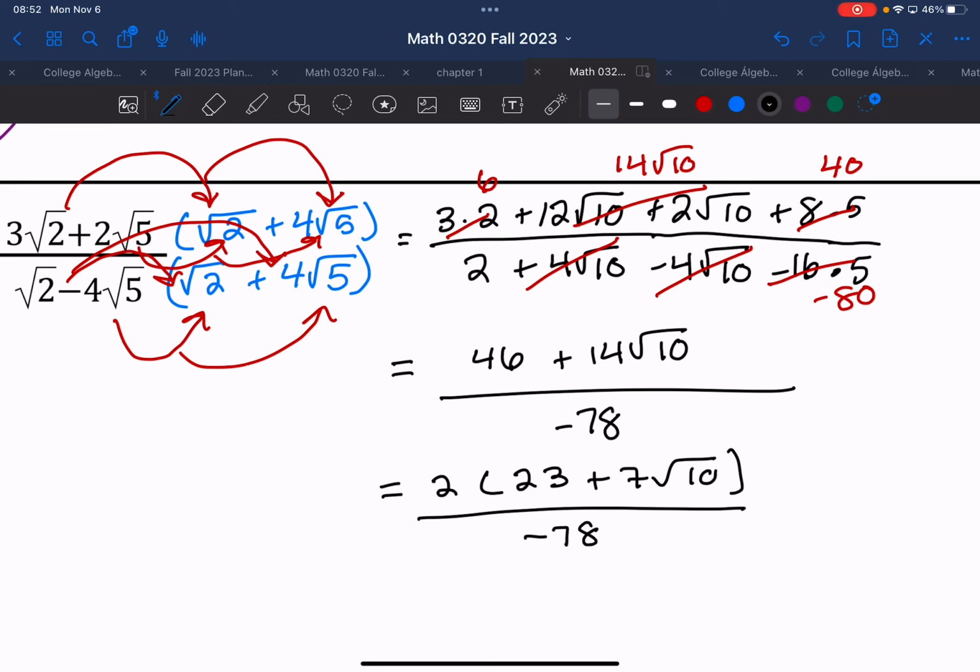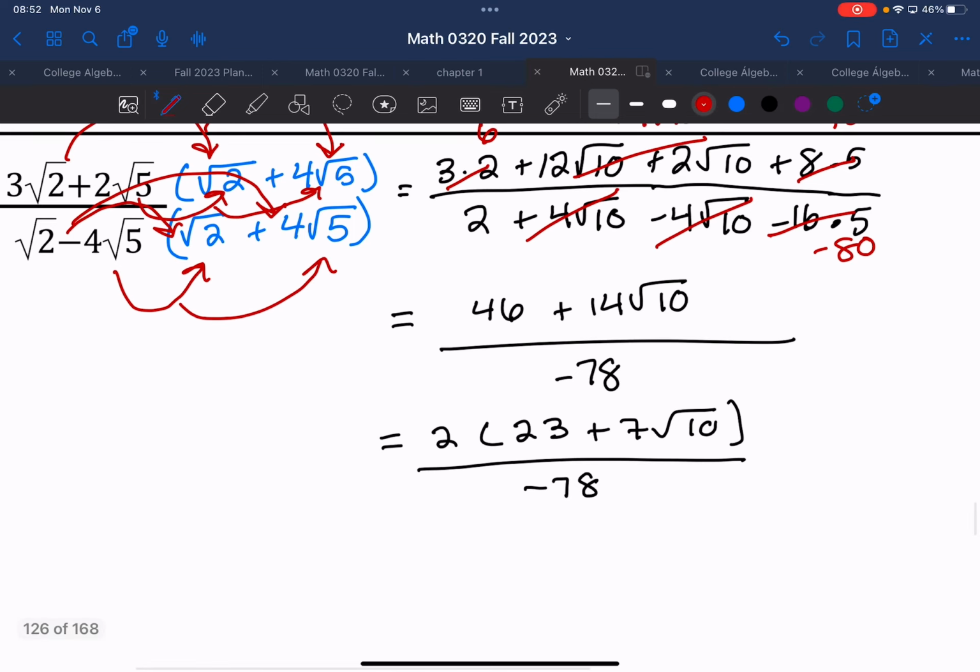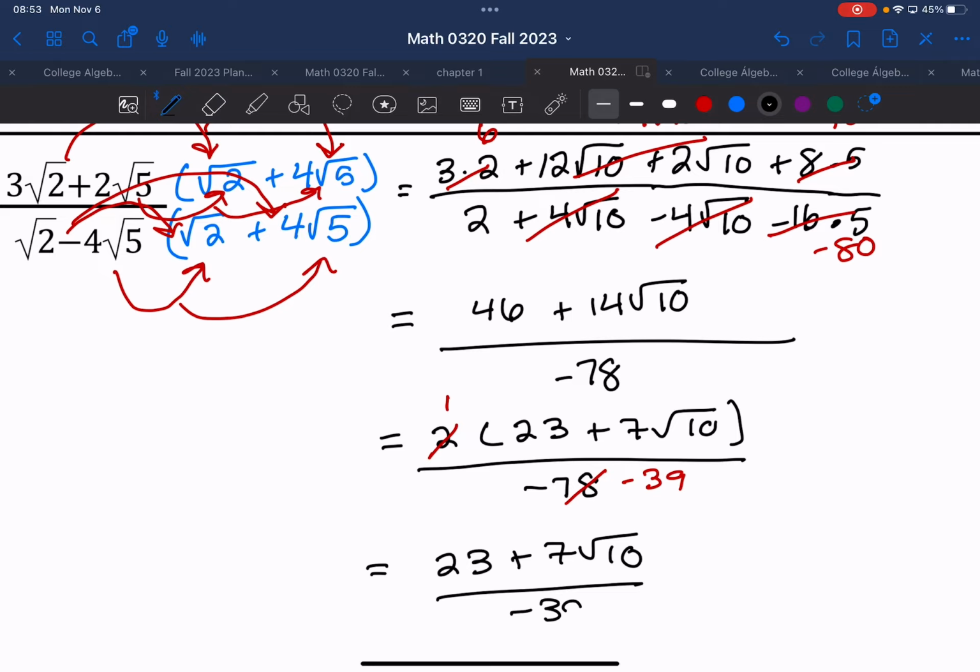Can we simplify that 2 and that negative 78? Yes, so that 2 would go away, and the negative 78 divided by 2 is negative 39. So that means we have the answer of 23 plus 7 square roots of 10 all over negative 39.